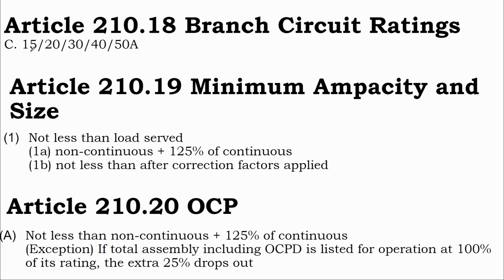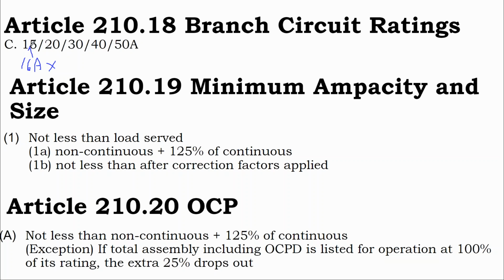So the question is, if I have a load that is 16 amps, the actual load might be 12 amps, and then I apply my overcurrent protection for 16 amps, and then I go and look at, well, what's the cable size I need for that?